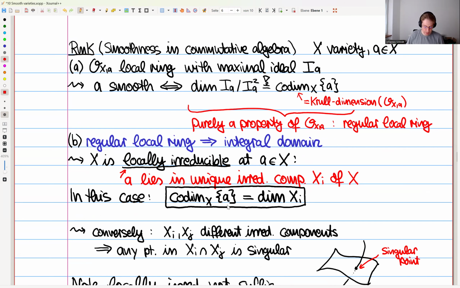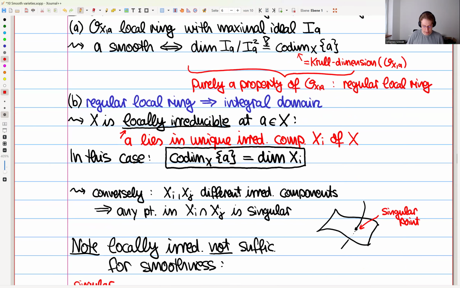In this case, of course, the codimension is the maximum of the dimensions of all components containing it, and so this is just the dimension of this irreducible component. And then smoothness says the dimension of the tangent space should be the dimension of this irreducible component. So if you turn this around, this was when A is smooth. This means that if A doesn't satisfy this local irreducibility, so if there are xi and xj, different irreducible components containing this point A, then any point in this intersection must automatically be a singular point.